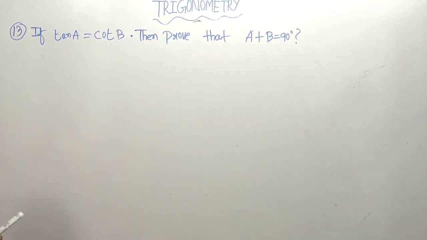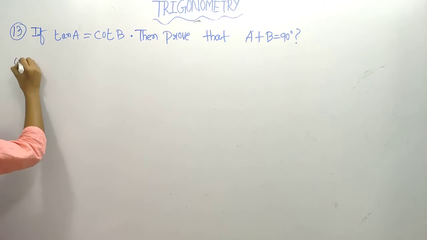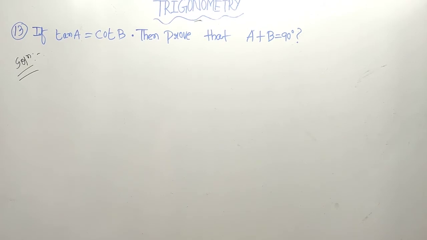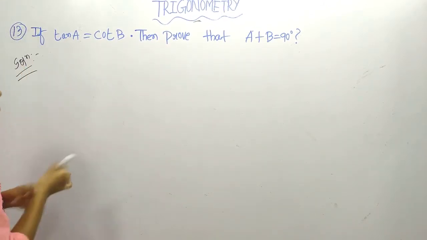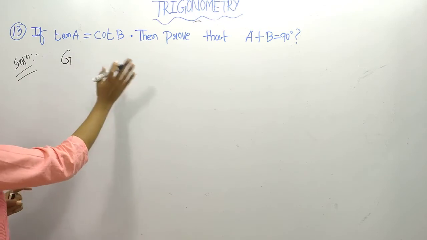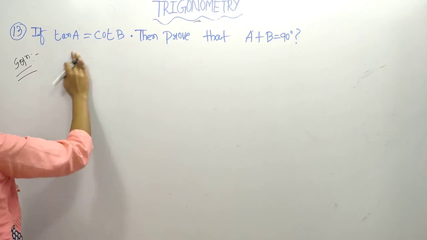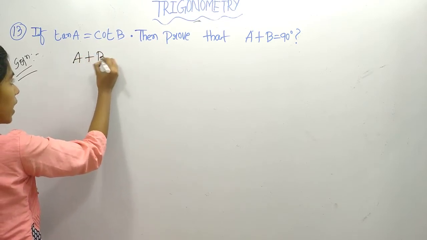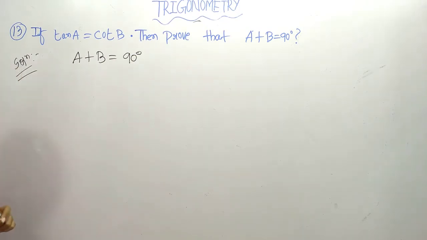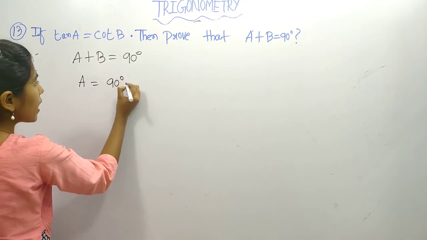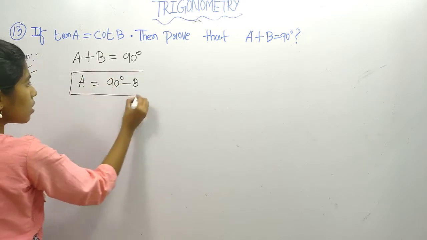Next question: if tan A equals cot B, then we have to prove that A plus B equals 90 degrees. How will we do it? See here what is given. If A plus B equals 90 degrees, then A will be 90 degrees minus B, right?